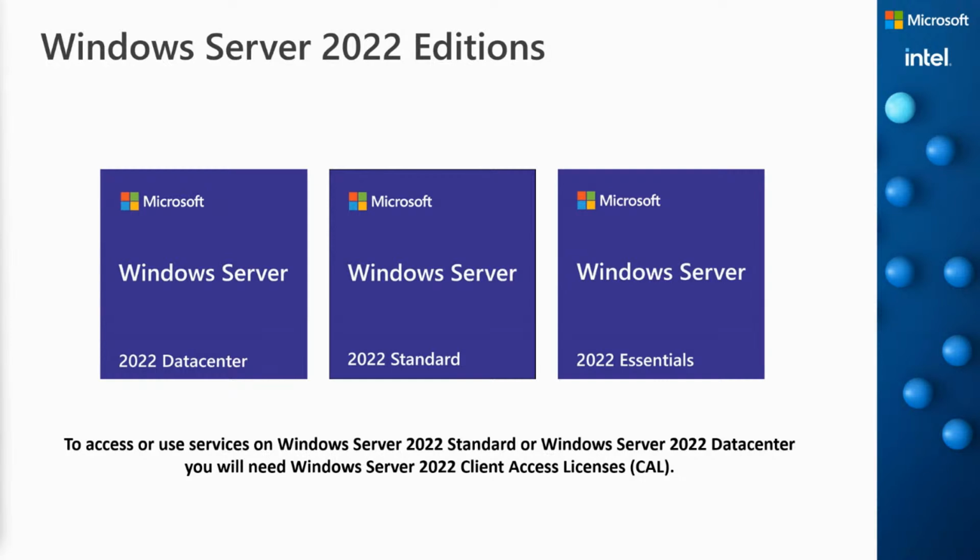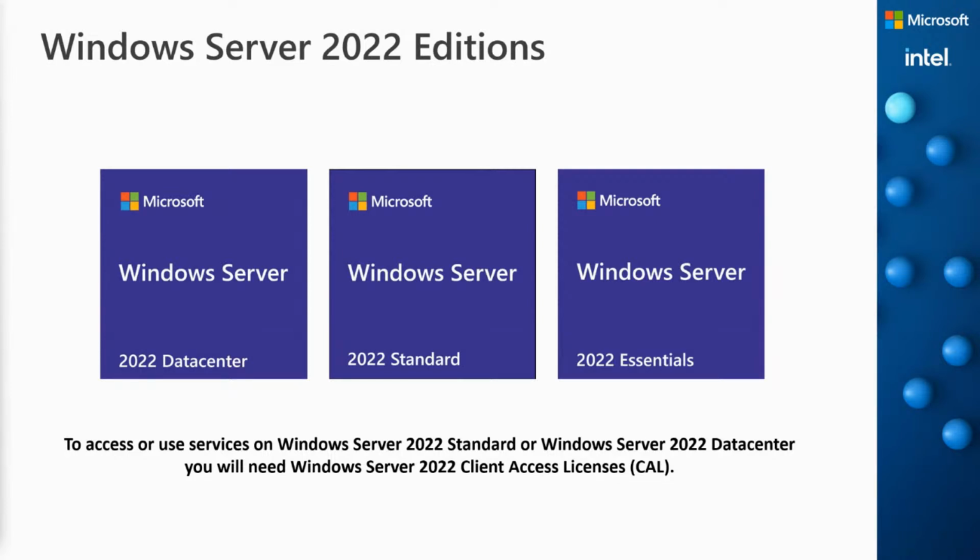So if you downgrade from Essentials 2022 to 2019 or 2016 Essentials, you will miss many features you have in the 2022 Essentials, because the previous versions of Essentials, for example, didn't have data deduplication or the Storage Migration Service and so on, because these were smaller editions, also based on the bits and bytes, also based on the technology. This is important to know and to keep in mind.